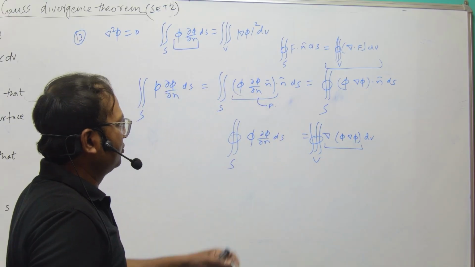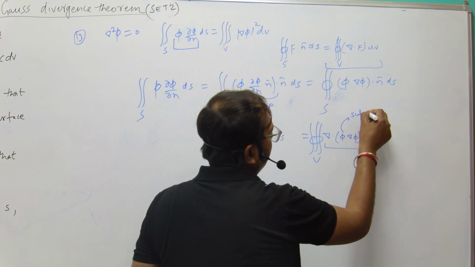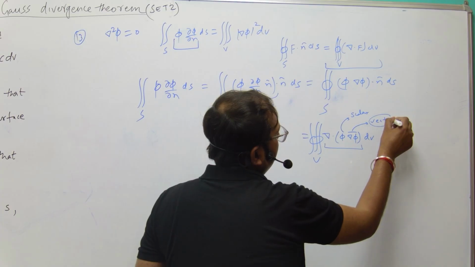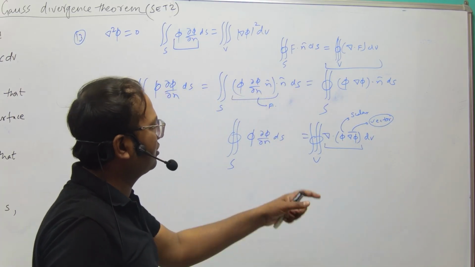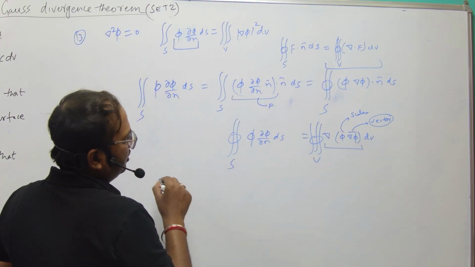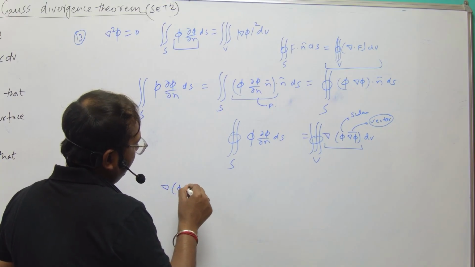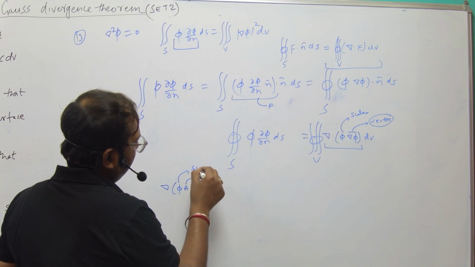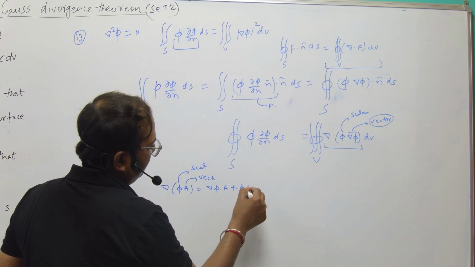Phi is a scalar, and del of phi is a vector, that is the gradient of phi. The gradient of a scalar quantity is a vector quantity. So from the vector identity, del dot phi a, where a is a vector quantity and phi is a scalar quantity, is equal to del phi dot a plus phi times del dot a.